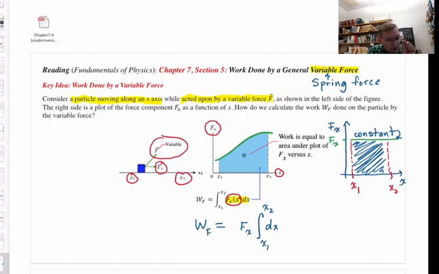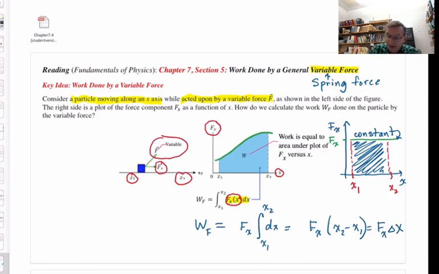Add up all the little widths of all the little rectangles from x1 to x2. Well, when all that's done, that's just the difference between x2 and x1. How far is it from x2 to x1? You could, if you want, write that as f sub x times delta x, the change in x from x1 to x2.